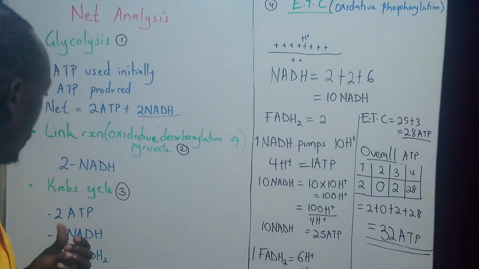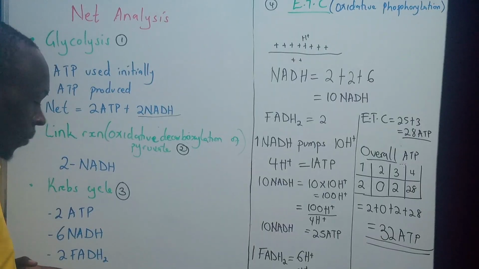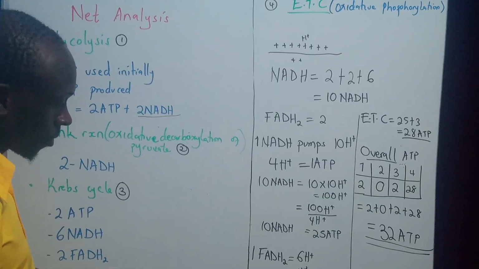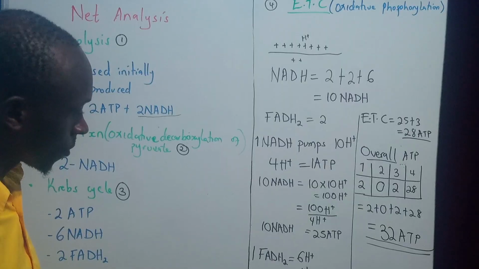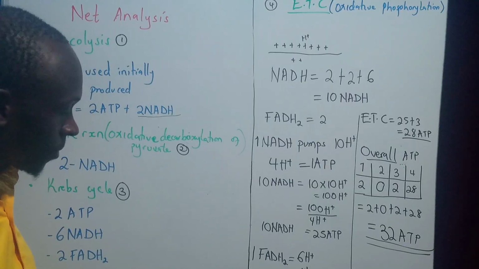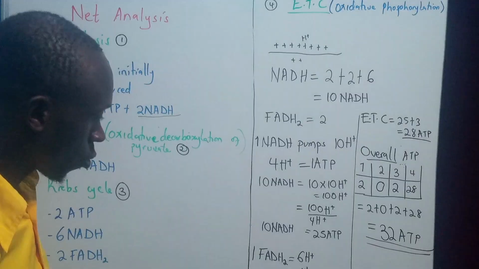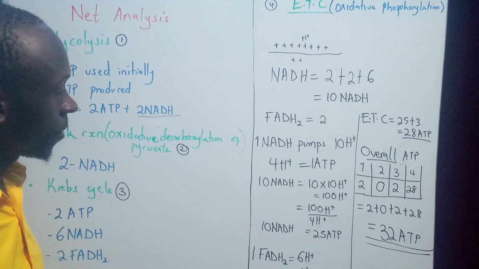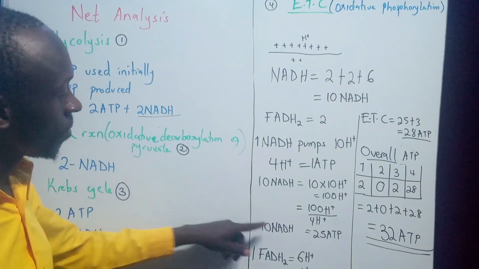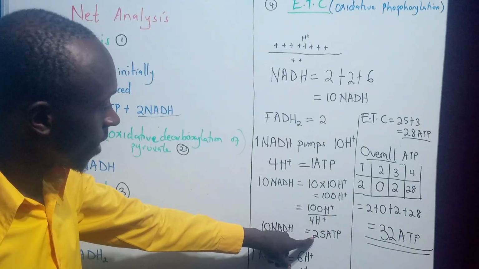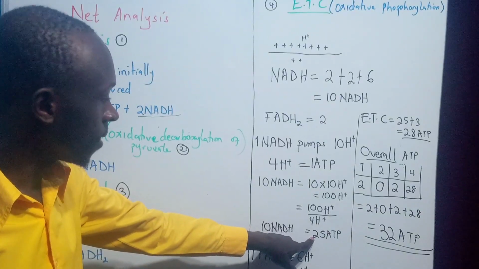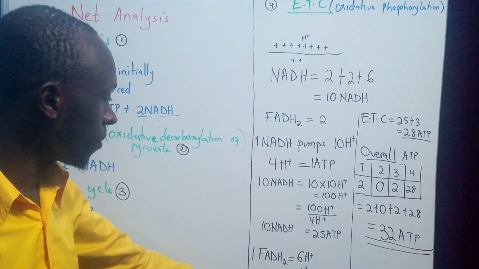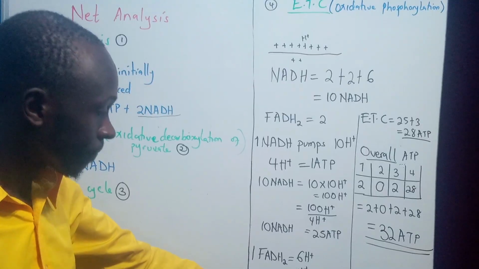But remember, in the Krebs cycle, we had 2 FAD molecules being produced. Each FAD molecule is going to produce a total of 1.5 ATP molecules. So 1.5 times 2 gives us a total of 3 ATP molecules. So we can get the overall ATP formed by getting 25 ATP formed by NAD, and 3 ATP molecules formed by FAD.